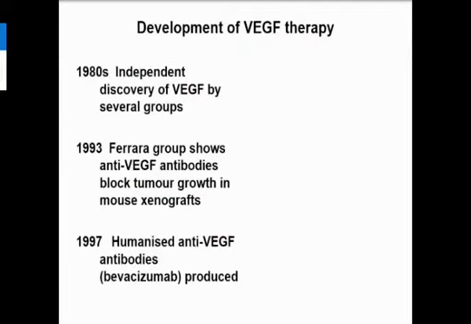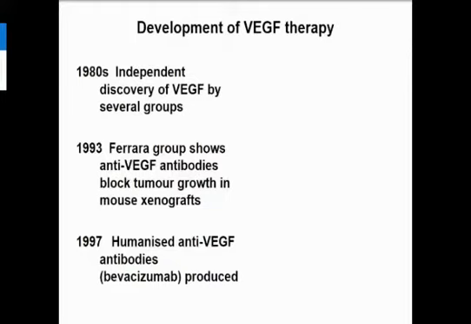Okay, so how did VEGF therapy, how did Avastin arise? It's quite an interesting story, so I thought I'll go through it. Back in the 1980s, several groups discovered VEGF and showed that this was the critical growth factor for inducing angiogenesis, this growth of new vessels from existing vasculature.